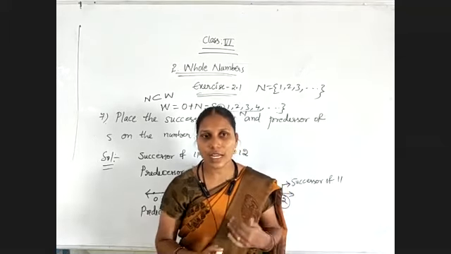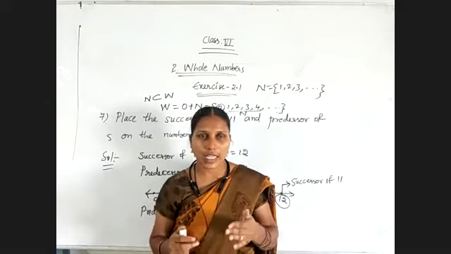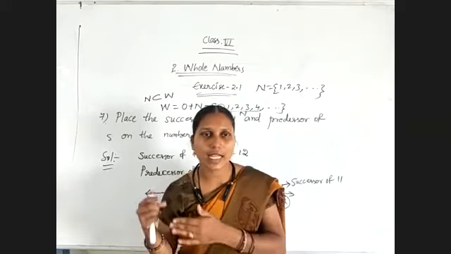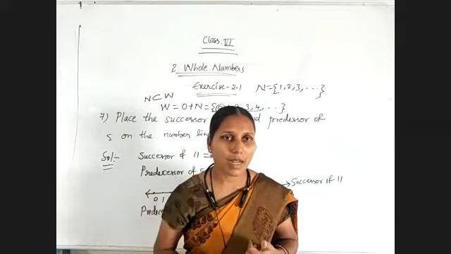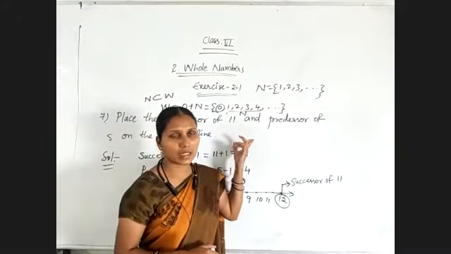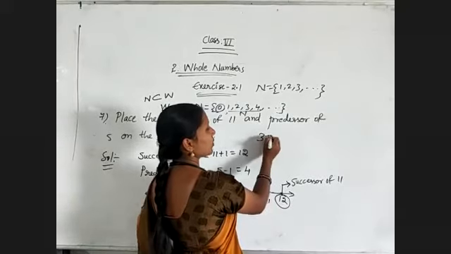If we are subtracting a whole number from another number, we need to move left side on the number line. For multiplication, suppose 3 into 5 is there.